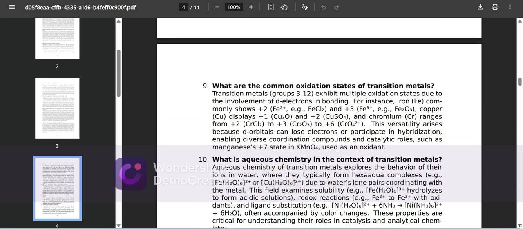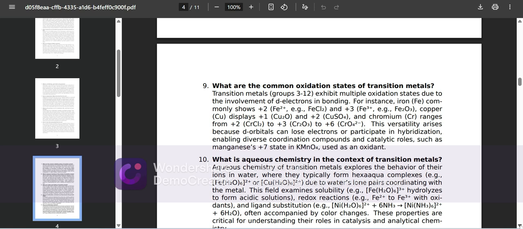What are the common oxidation states of transition metals? Transition metals, groups 3 to 12, exhibit multiple oxidation states due to the involvement of d electrons in bonding. For instance, iron commonly shows +2 (Fe2+, example FeCl2) and +3 (Fe3+, example Fe2O3).